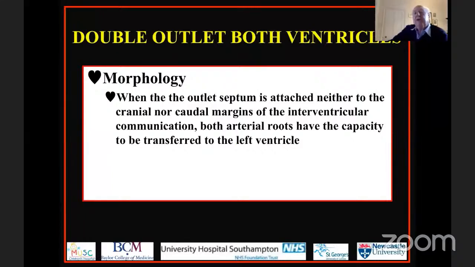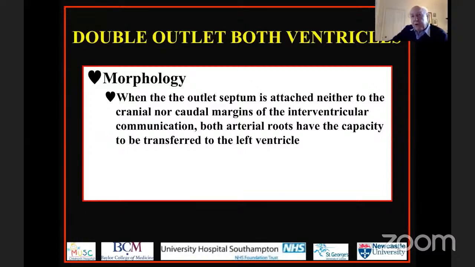So what I hope I've shown you is the developmental background that permits the outlet septum to develop in such a way that it is attached neither to the cranial nor the caudal margins of the interventricular communication. It is that feature that gives both arterial roots the capacity to be transferred to the left ventricle.